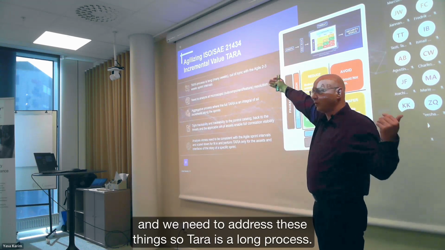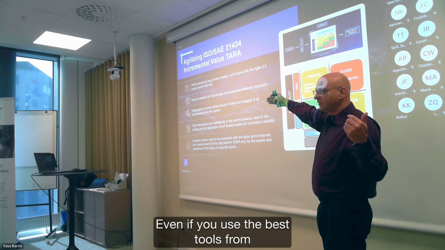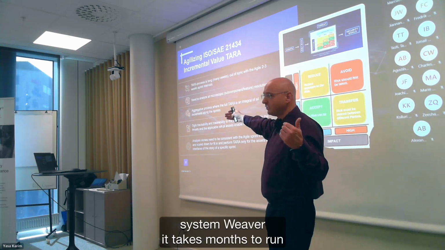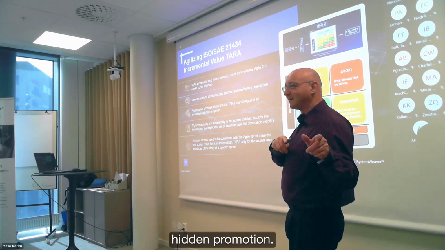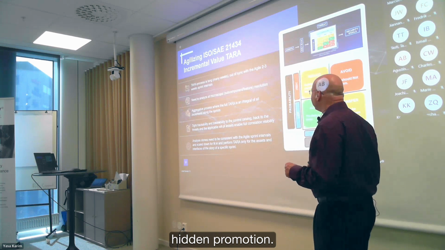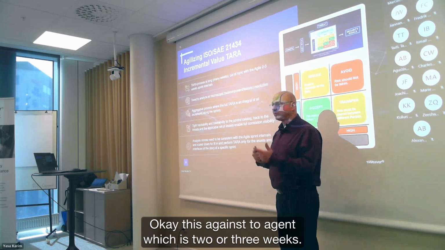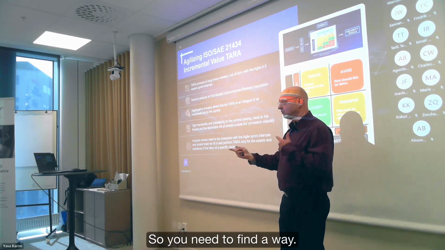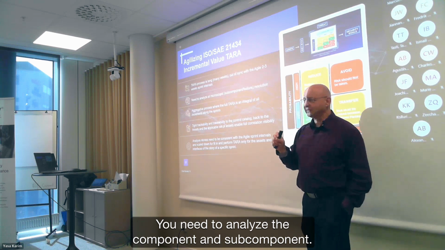So TARA is a long process. It takes months to run. Even if you use the best tools from System Weaver, it takes months to run. This against Agile, which is 2 or 3 weeks. So you need to find a way. You need to analyze the component and subcomponent.